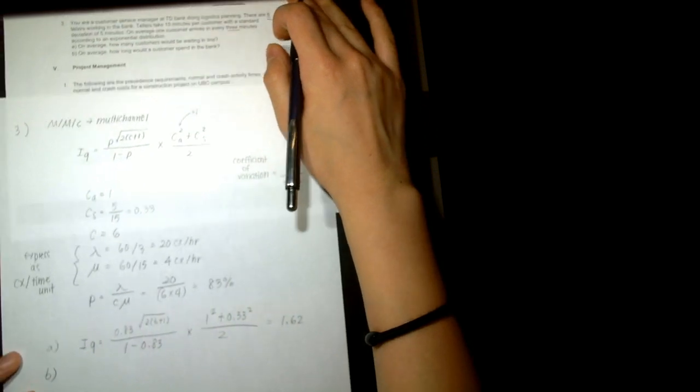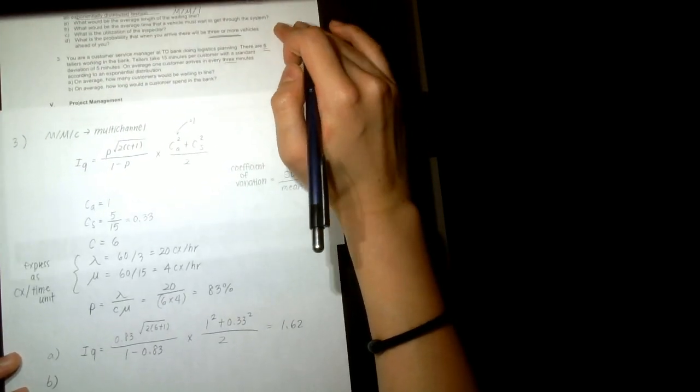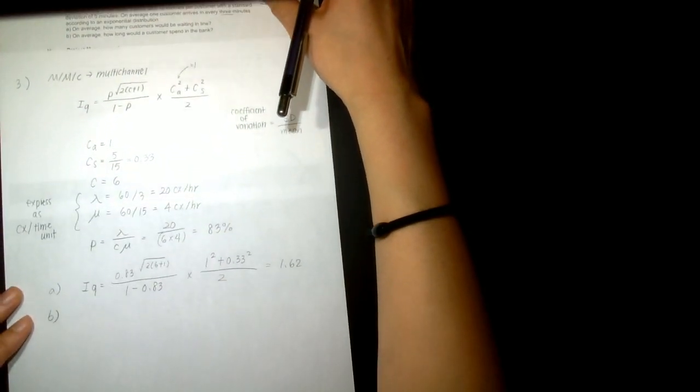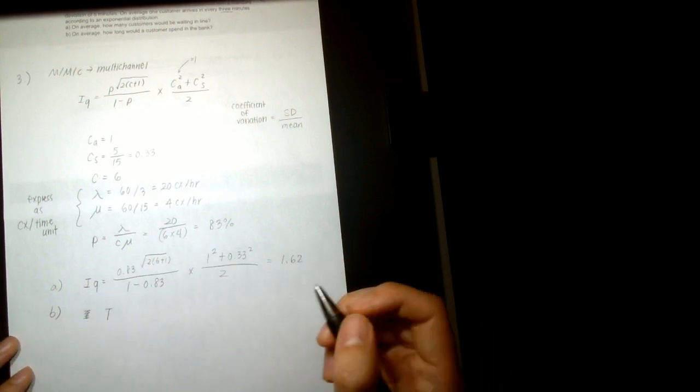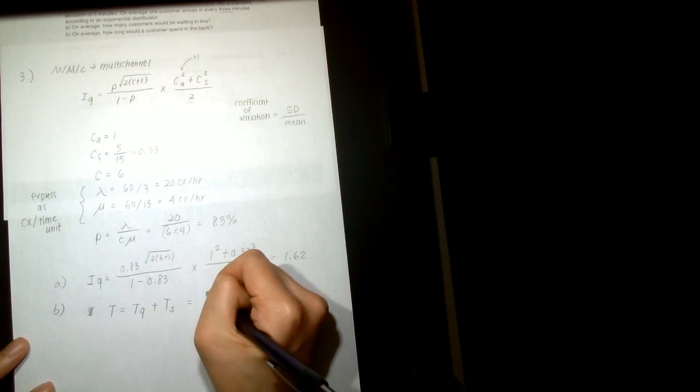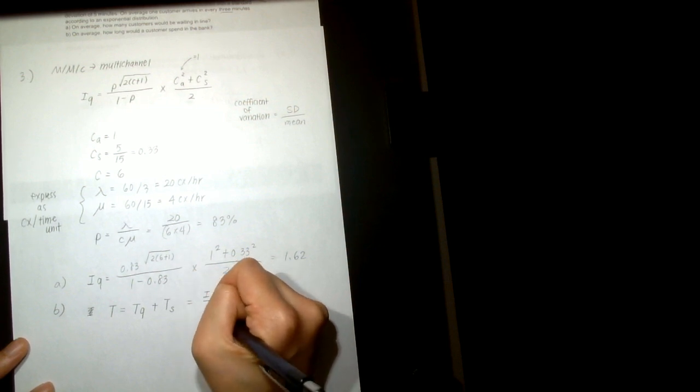For B, the question is asking, on average, how long would a customer spend in the bank? So the total time in the bank would include the time in the line as well as the service time. So it would equal time in the line plus TS, the time in the system. And this is calculated by the time in line plus 1 over the service rate.